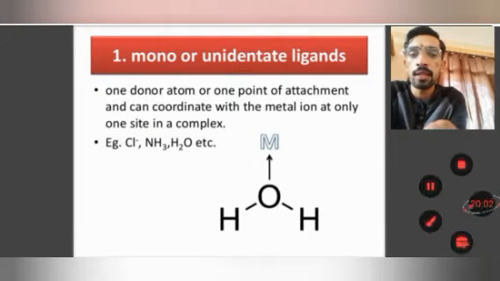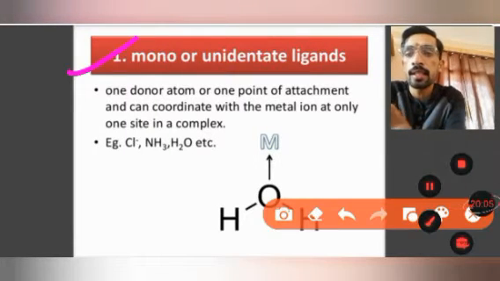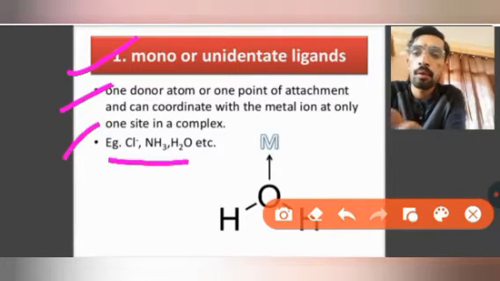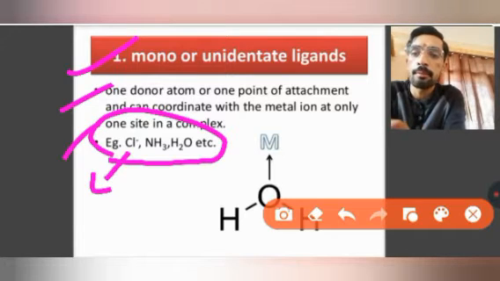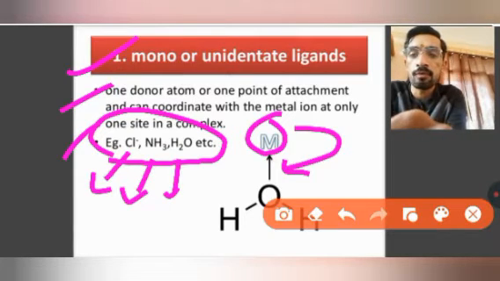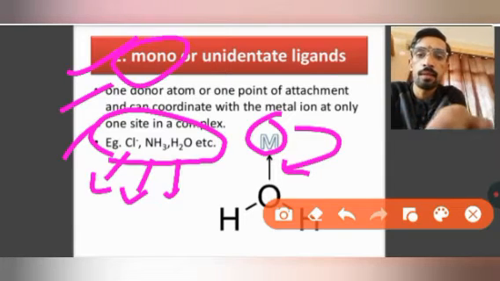So first, the monodentate ligand. A monodentate or unidentate ligand has one donor atom, one point of attachment, and can coordinate with the metal ion at one site. Chloride, ammonia, water: chloride is a negative ion, ammonia is neutral, and water is also neutral. For example, the metal is this and oxygen is directly attached from H2O. That's why only oxygen is attaching. That is called monodentate.